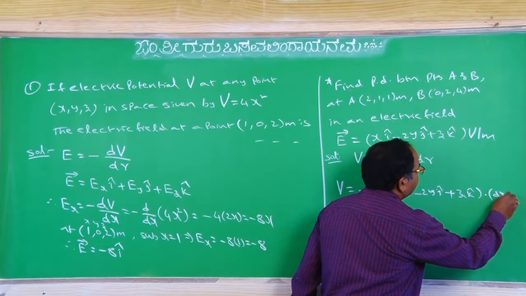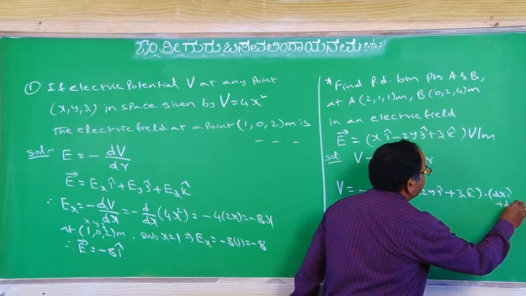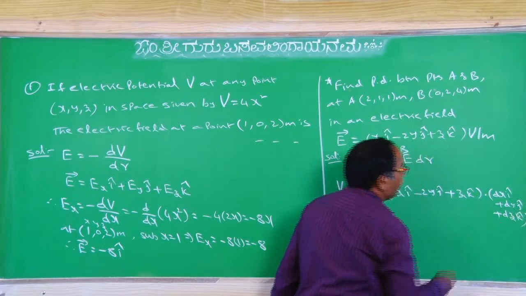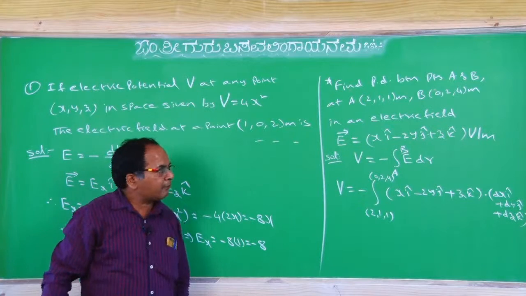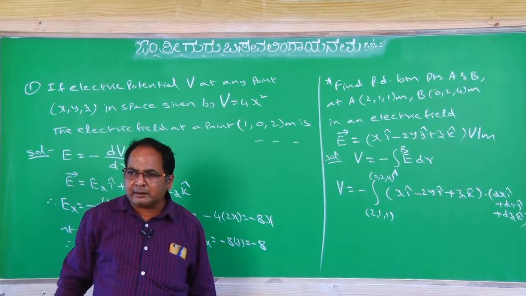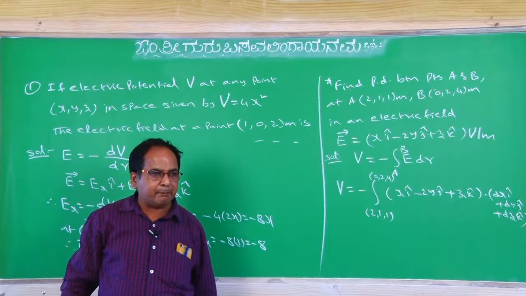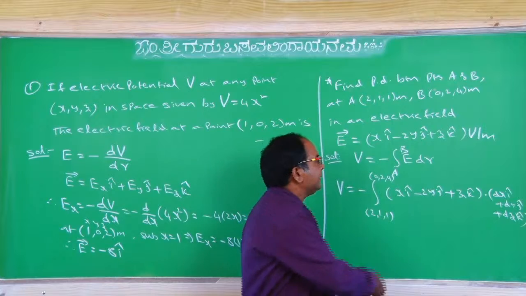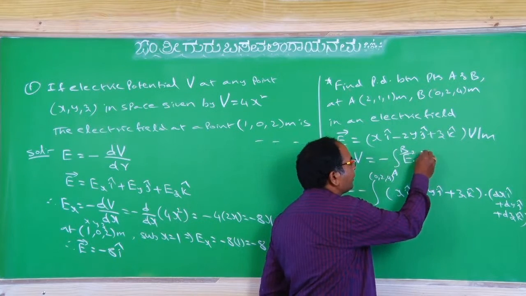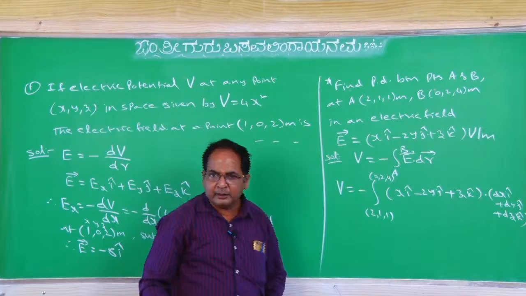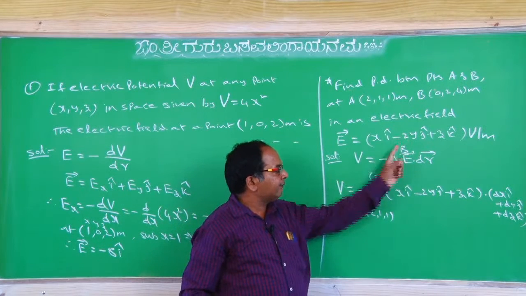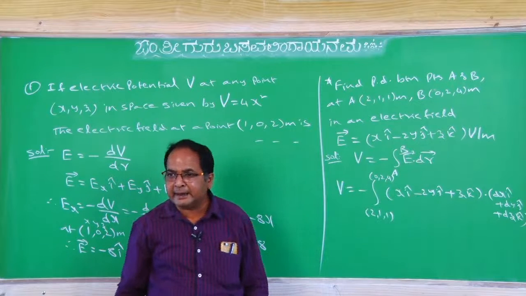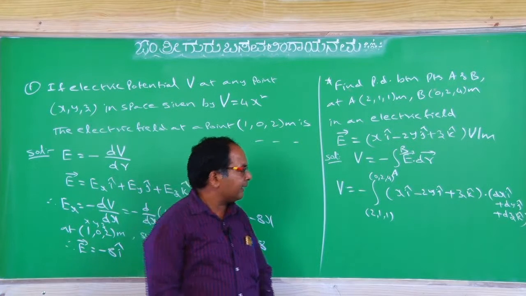Dr bar means dx i cap plus dy j cap plus dz k cap, since R bar is x i cap plus y j cap plus z k cap. So here E dr is nothing but E bar dot dr bar, where E bar is what is given, and dr bar is dx i cap, dy j cap, dz k cap.